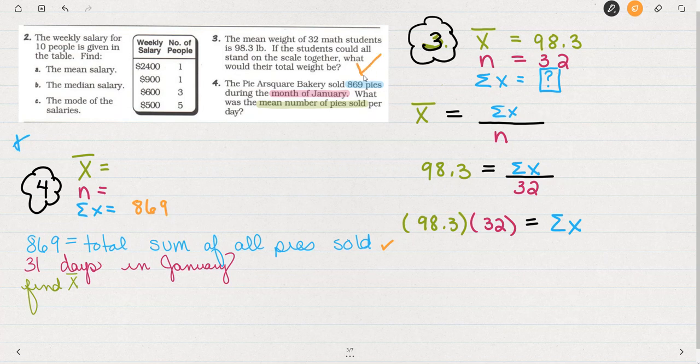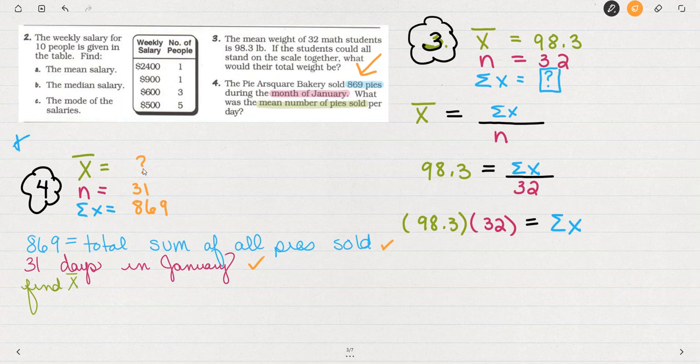The month of January, what I need to know is that there are 31 days in January. So the n, the number of days, is going to be 31. And then finally, what was the mean number of pies sold? So I know that the mean is what I'm trying to find.